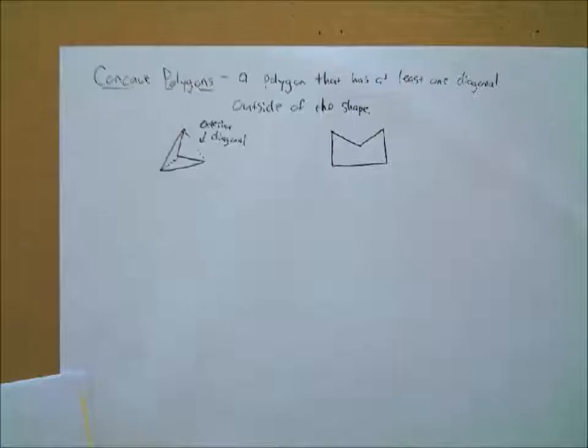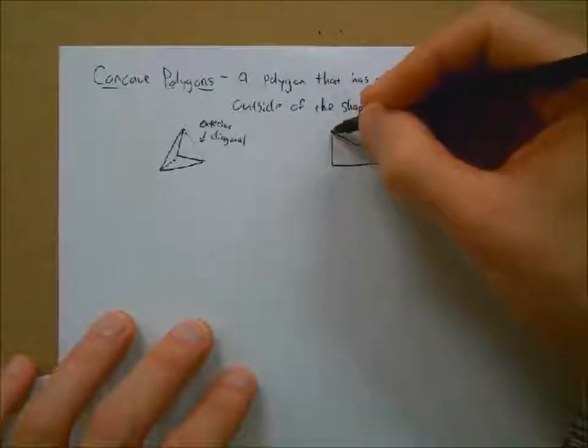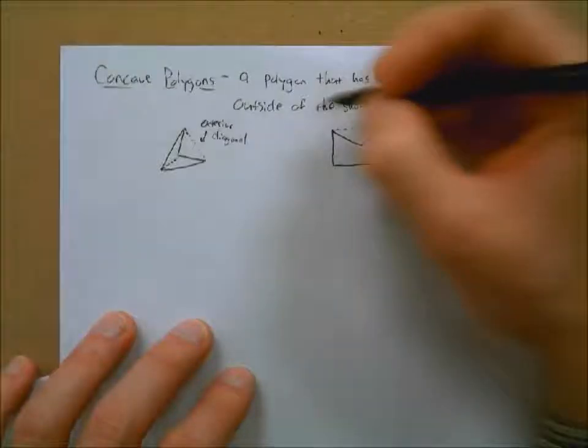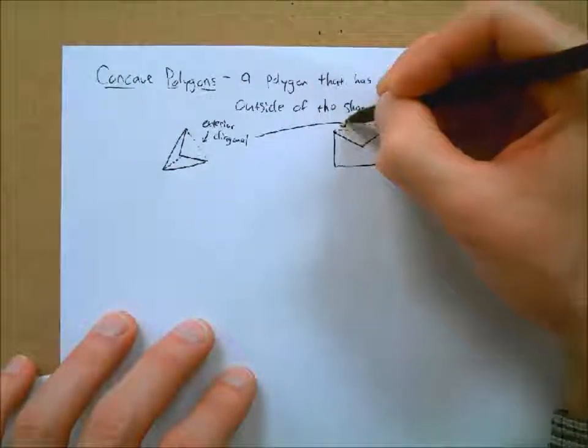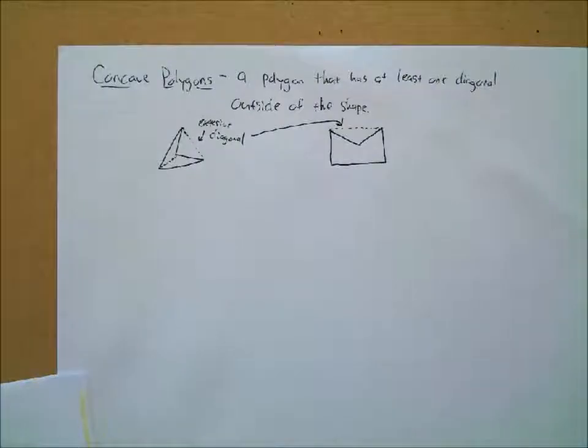Right here, you can see here's the exterior diagonal that connects the two vertices. Not all the diagonals are exterior, but if any diagonal that you draw is outside of the shape, that shape must be concave. Okay?